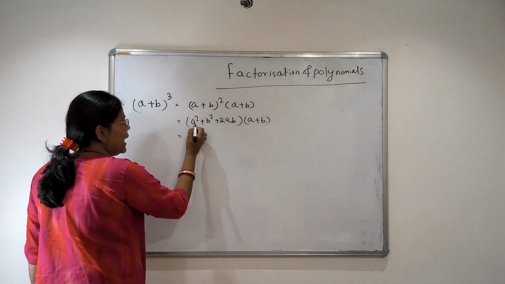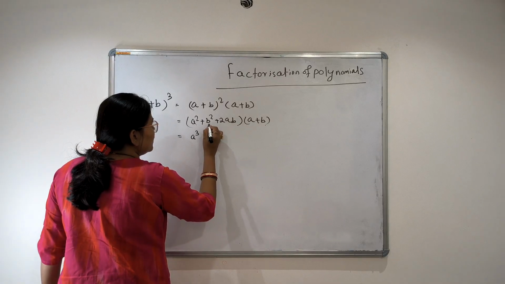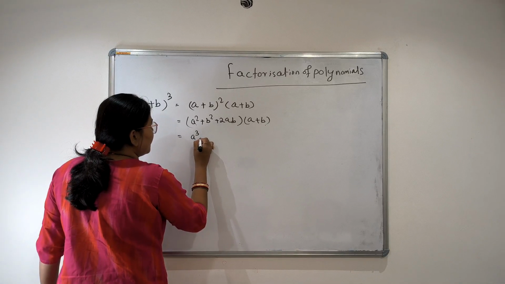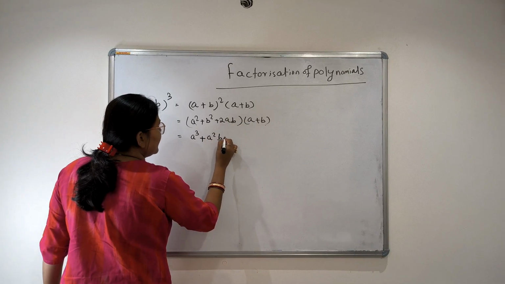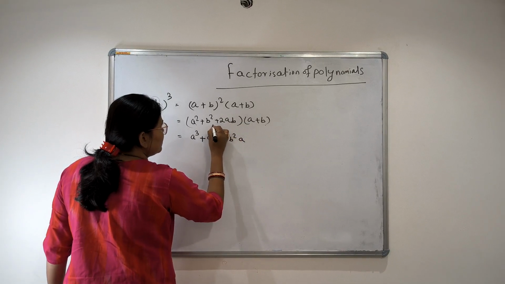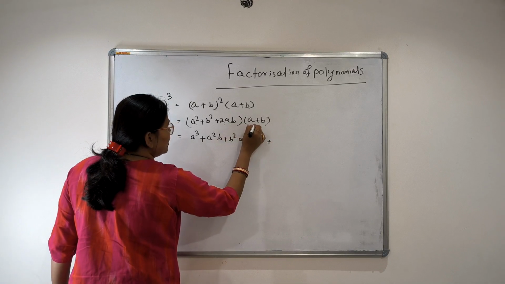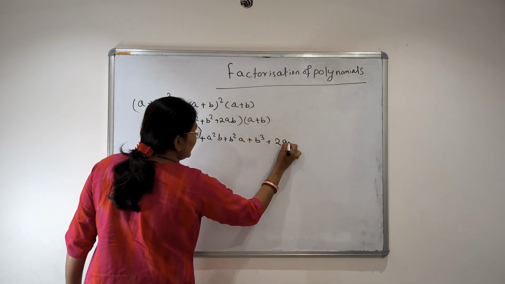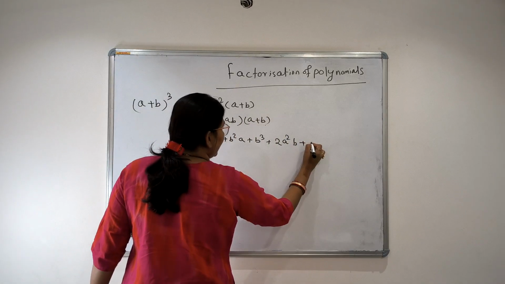Now multiply: a square into a is a cube, a square into b is a square b, plus b square into a, b square a, plus b square into b, plus b cube, plus 2ab into a, 2a square b, plus 2ab square.